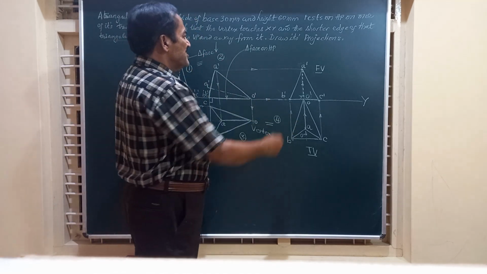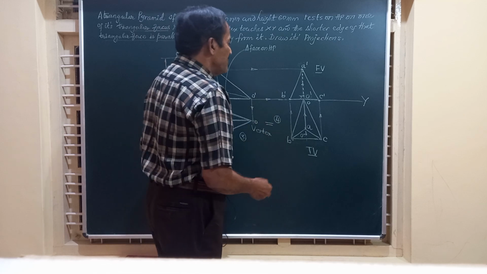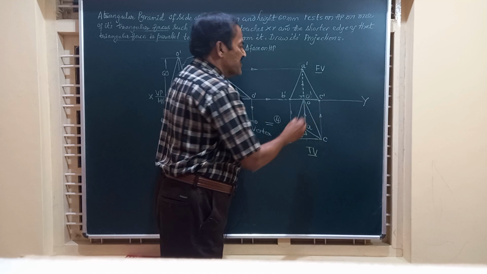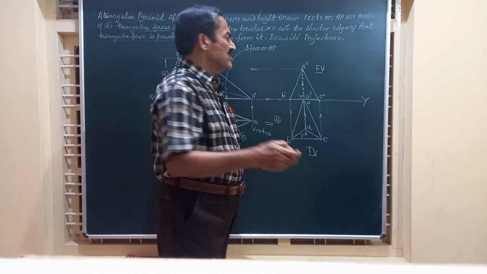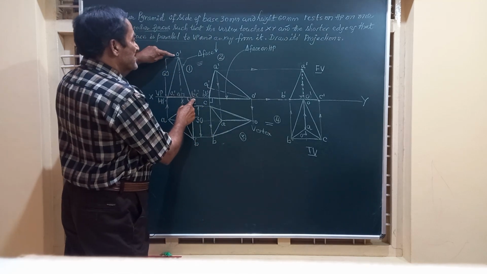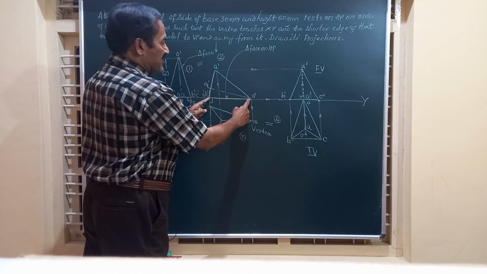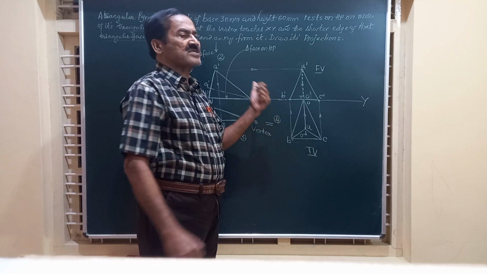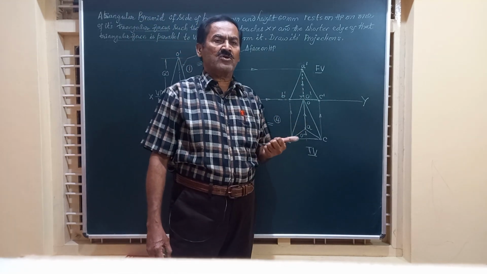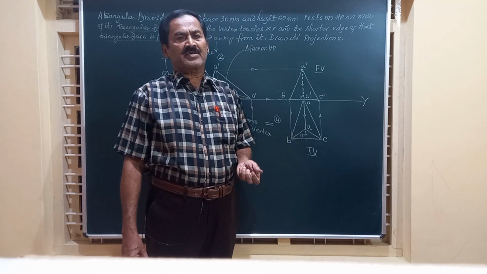So friends, this is how we obtain it, and in the front view you will see the line O dash, B dash, C dash is seen as a line. This OBC represents the triangular face which is on HP. Hence, the solution we have got here, that is the projections of the solid, is completely correct.